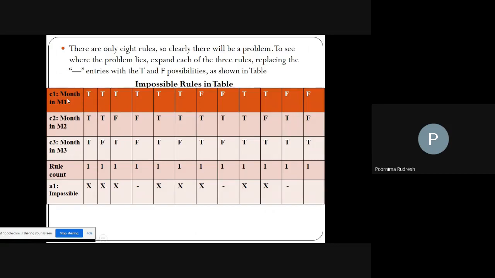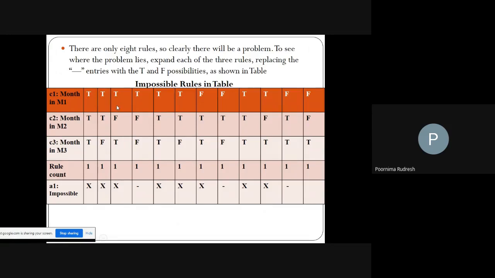Suppose the condition C1, the month consisting of 31 days, is satisfied. Then the month in M2 having 30 days, or M3 having 28 days, is impossible. Similarly for these two: these two are true and this is false. It is impossible, because the month M3 cannot consist of 31 days.